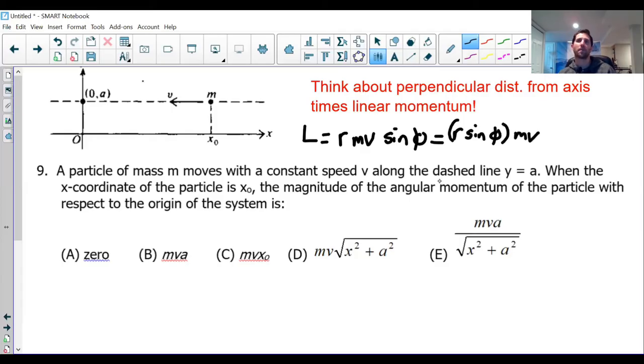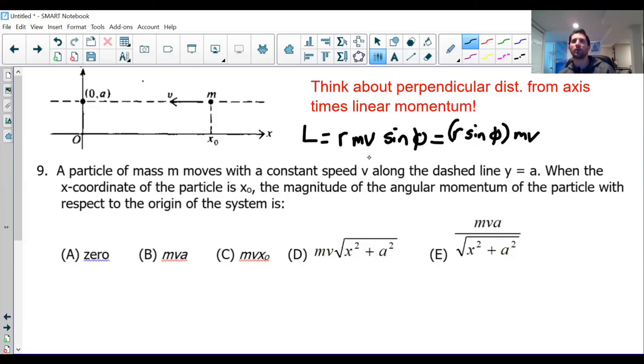Hopefully you see that. Here's what I'm getting at. Yes, mathematically these are the same thing, but the way to think about solving it, if you think about it conceptually this way, this is going to be way more useful than thinking about it this way. Okay, let me show you.